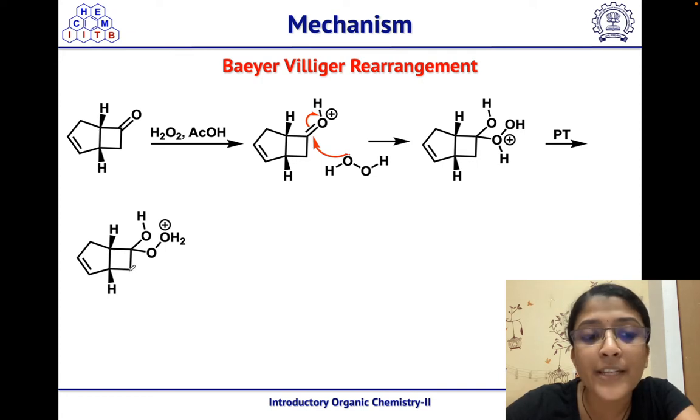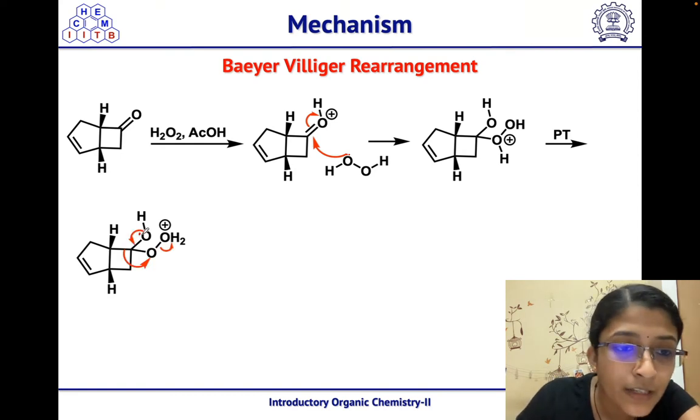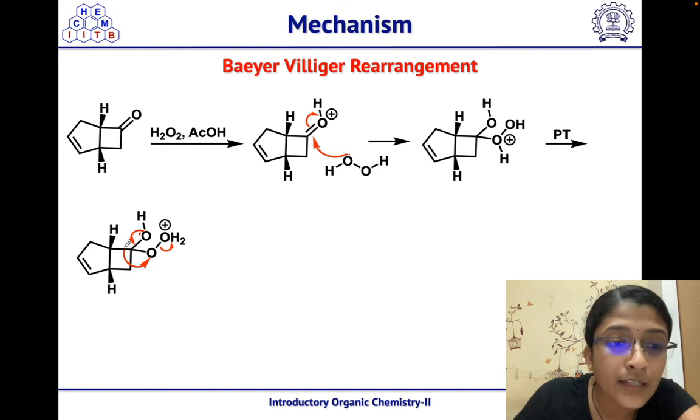The lone pair of oxygen will fall down and the tertiary carbon will migrate, and this OH2 will be removed. According to the migratory aptitude, tertiary is preferred over secondary, and that is the reason why this carbon-carbon bond is migrating and not this one.